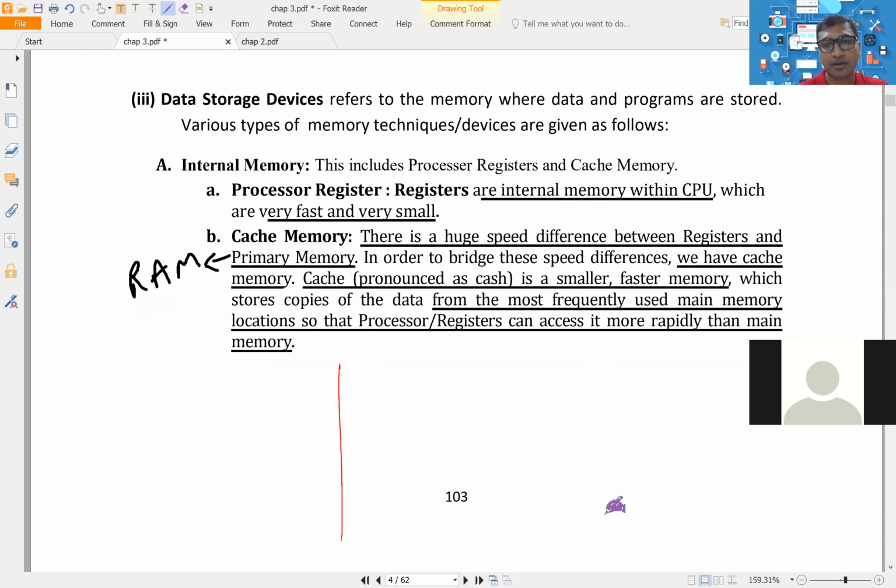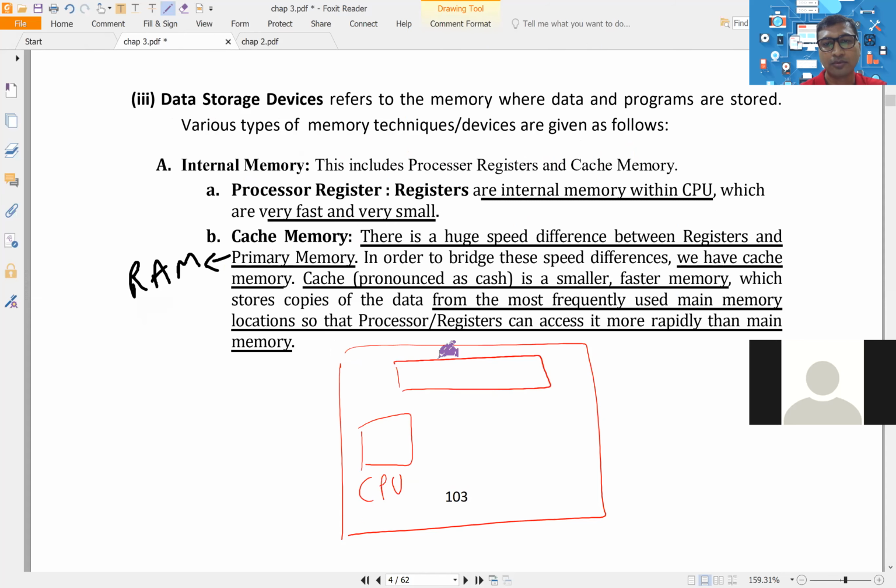I'm just drawing a rough diagram in front of you: CPU, RAM, and hard disk. All the information is basically stored on the hard disk. From the hard disk it will pass to the RAM, and from RAM to CPU, then CPU to RAM, and again RAM to hard disk. Finally, we store all our data in the hard disk.